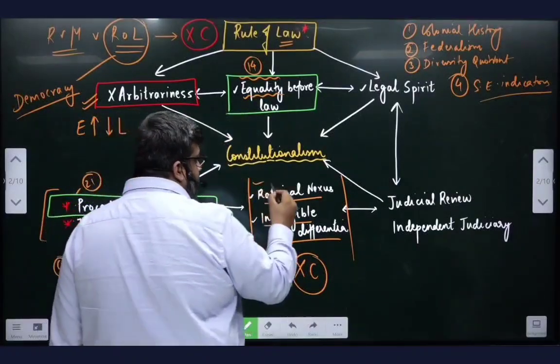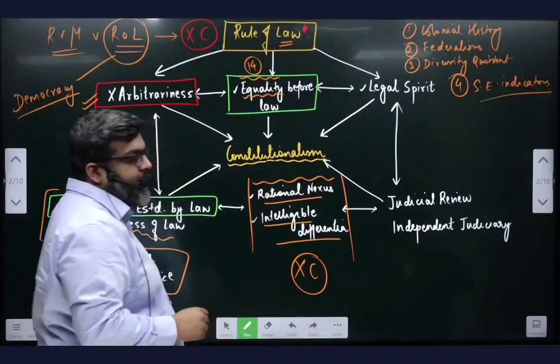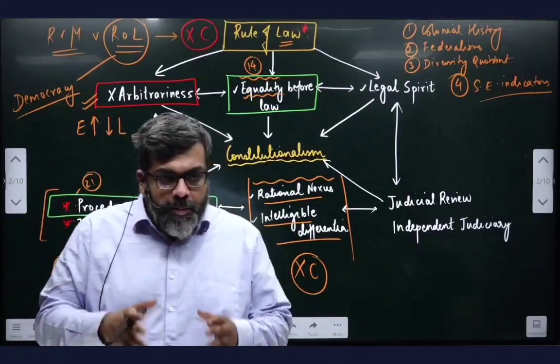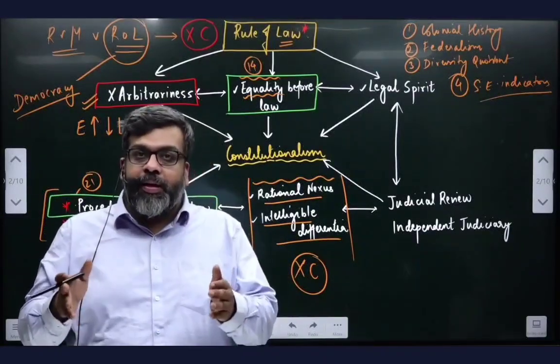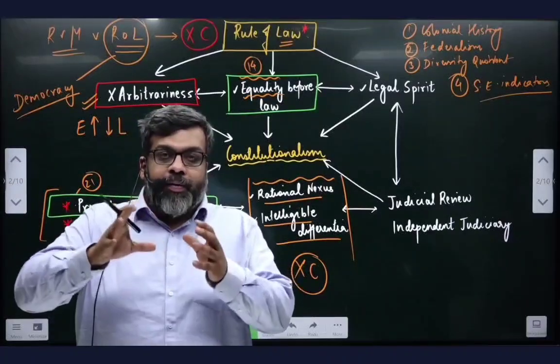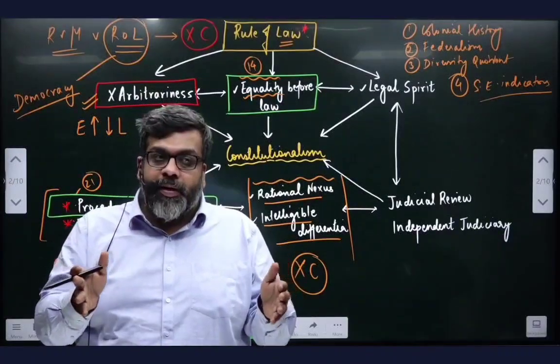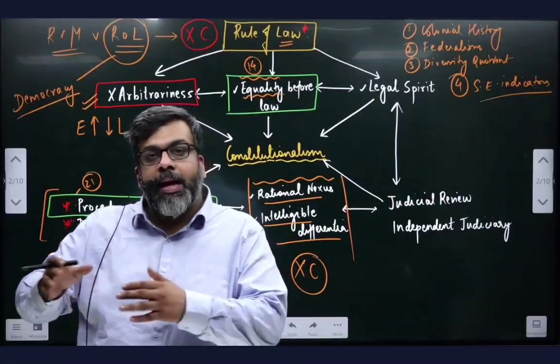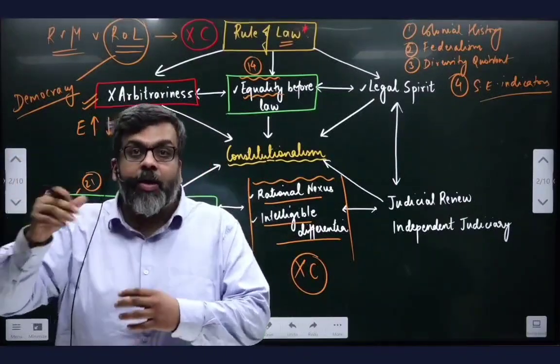So therefore, rational nexus. And by treating two people differently, you're trying to achieve an objective. So if you are treating two people differently, are you necessarily able to achieve that objective?